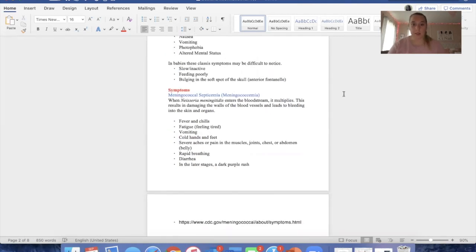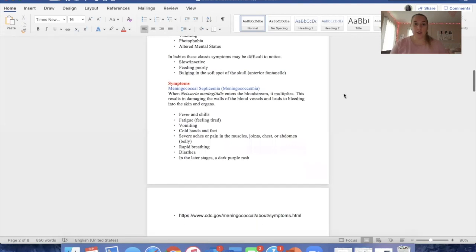In meningococcal septicemia, Neisseria meningitidis enters the bloodstream and then multiplies. This results in damage to the walls of blood vessels, leading to bleeding in the skin and organs.